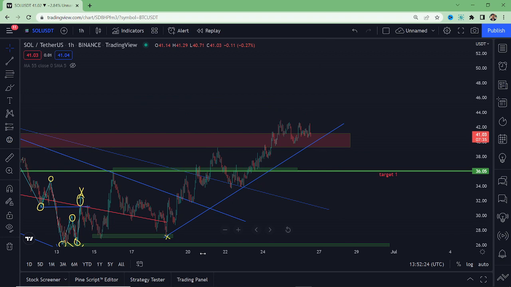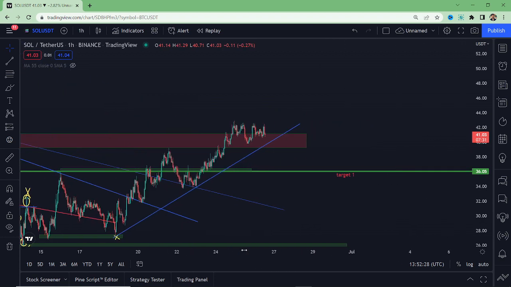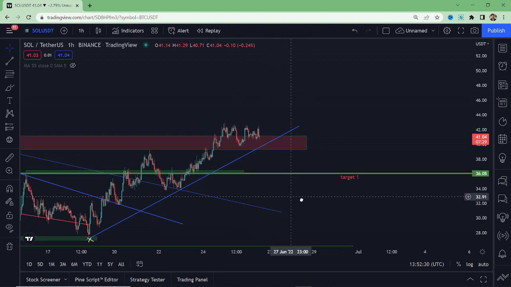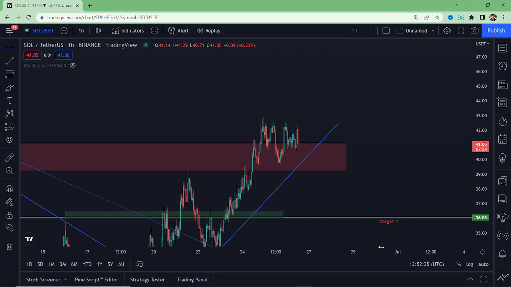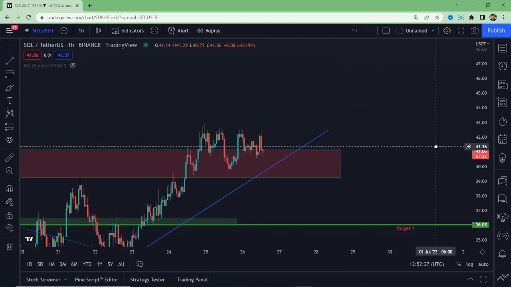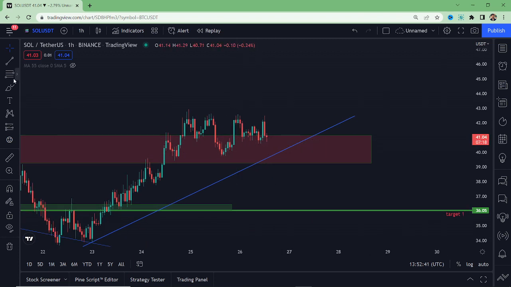And talking about the resistance, the major resistance, the bigger resistance, Solana, you can see this right now. It is trying to break the resistance, and it has also created this inverse head and shoulders pattern. You can see here.